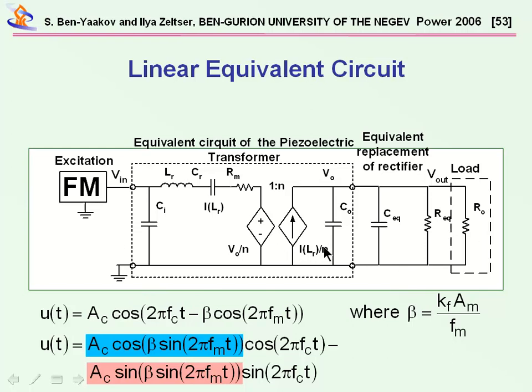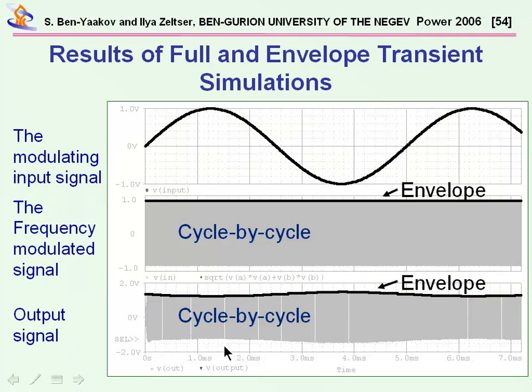And now we again split the excitation into the two parts, the real and the imaginary parts. And what we get here as a result of the modulation, this is the modulating signal.